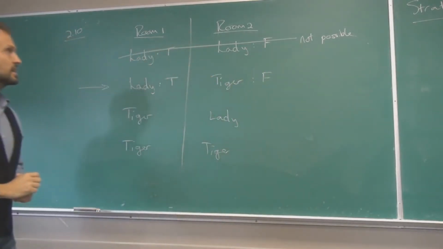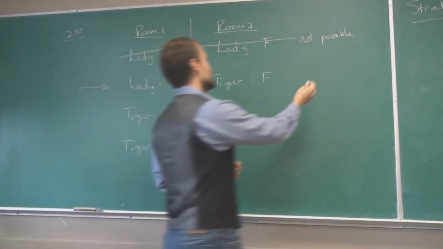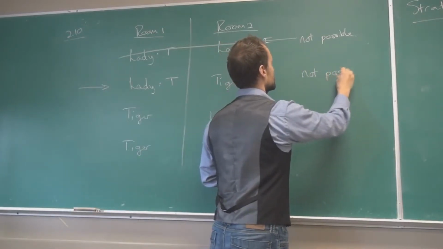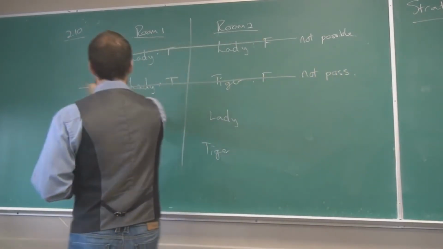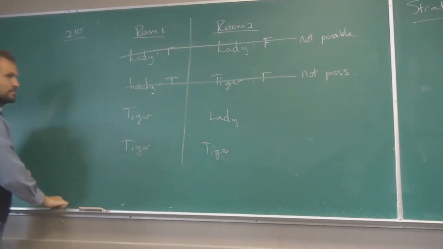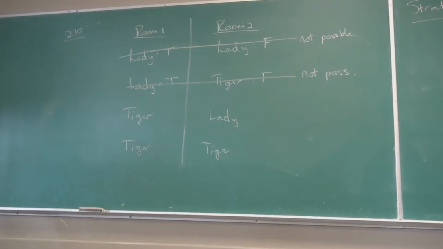Compared to what the king said, possible or not? Not possible. So that is also not what's happening. Is everyone happy so far? Does it feel okay? It feels doable?